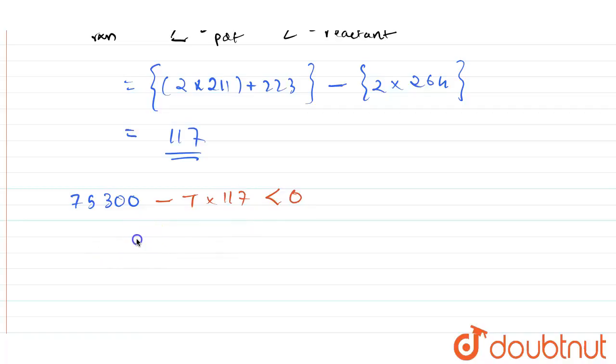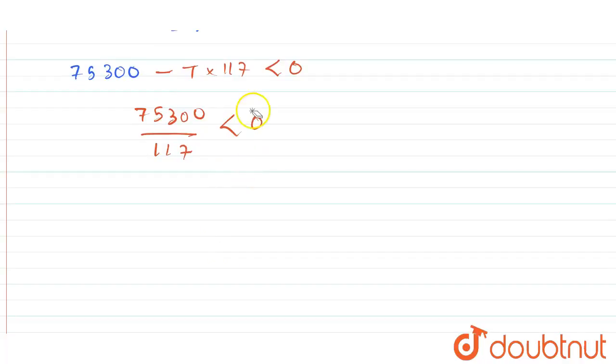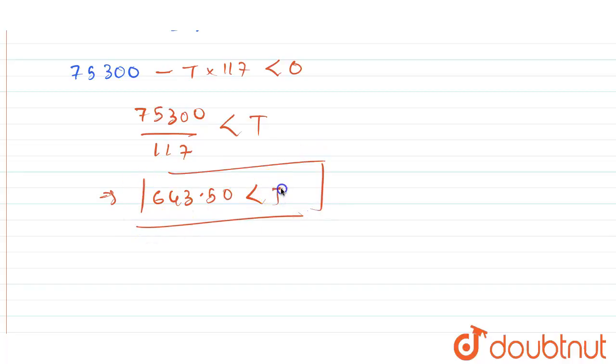Now from this we can calculate the T value. It is going to be 75,300 divided by 170, less than T. Implies when you do this, the value you are going to get is 643.50, which is less than T. This means that till the reaction reaches 643.5 Kelvin, the reaction is spontaneous.